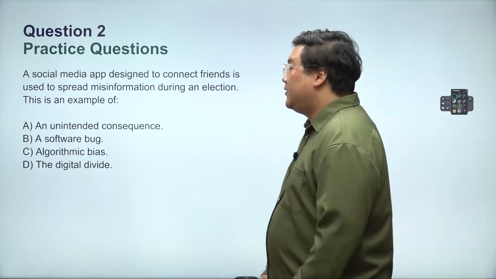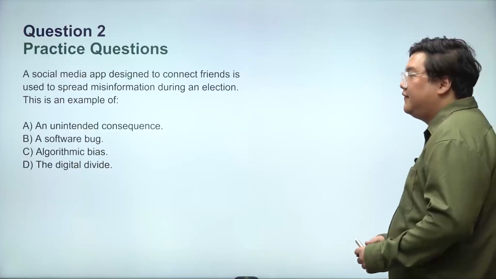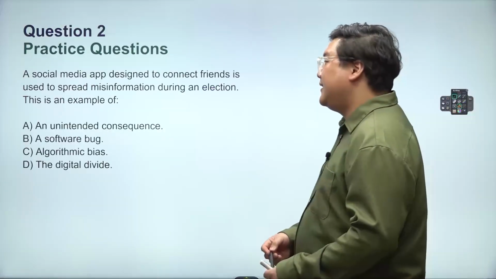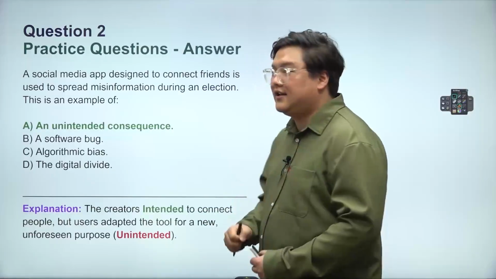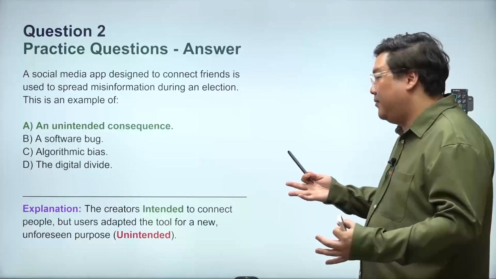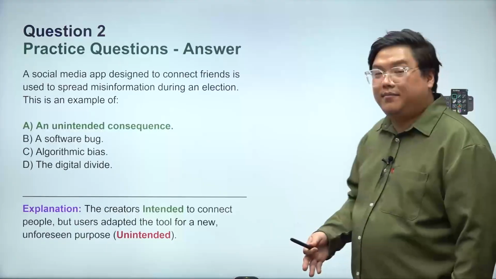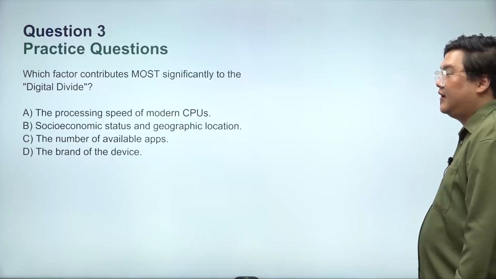All right. And a social media app designed to connect friends is used to spread misinformation during an election. This is an example of an unintended consequence, right? The creators intended to connect people, but it was used in a completely different way. So it's an unintended consequence.